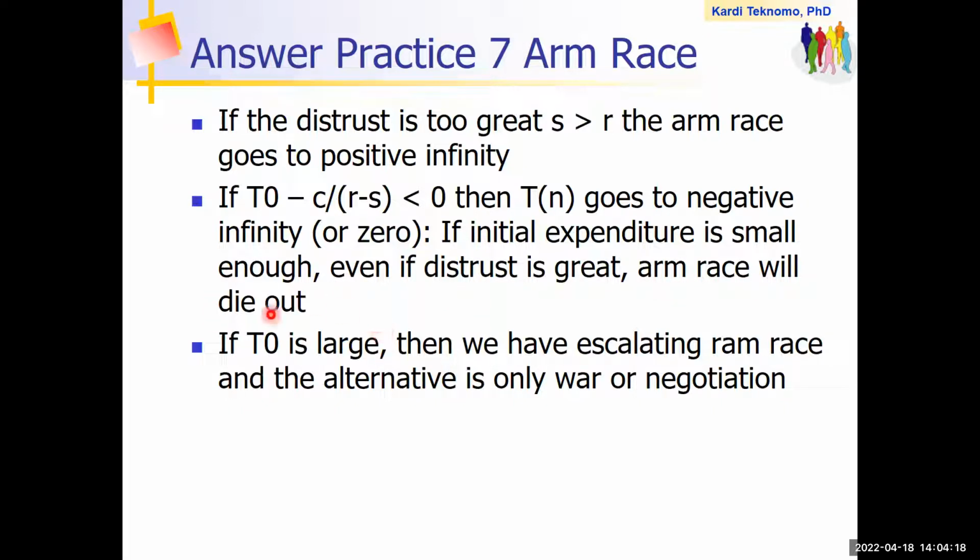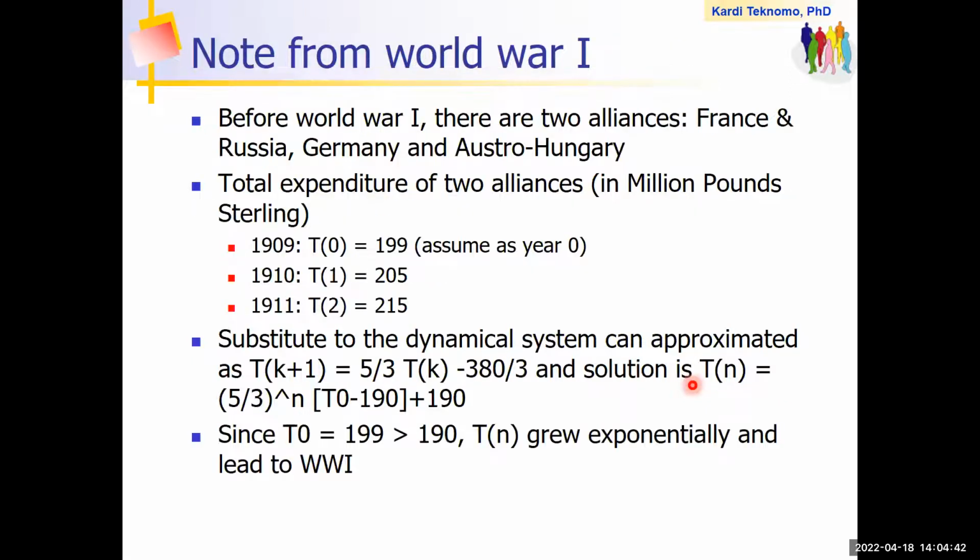But if the T0 is large, that means the economy of both sides are actually rich countries. Okay, and then what happens is it will create escalating of arms race, and then there is no other way except to go to war. So this is a very simple model, and this is what happened.